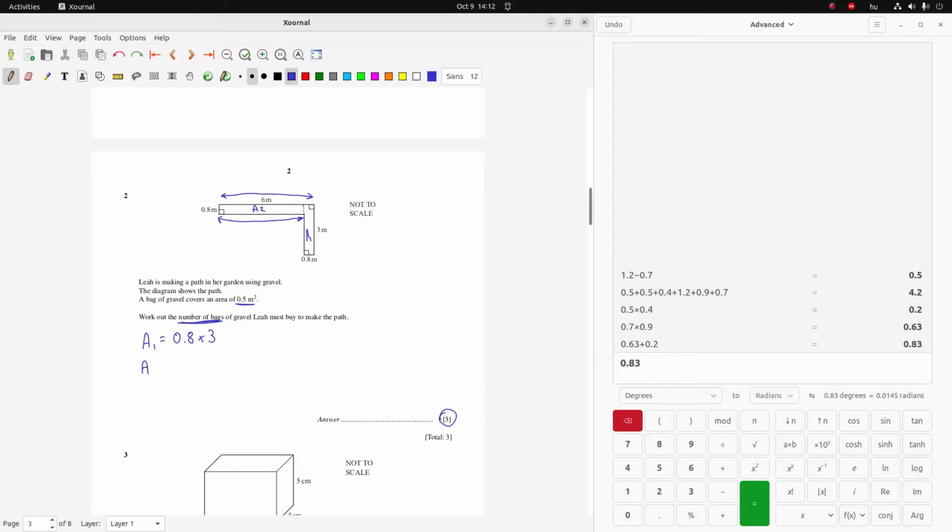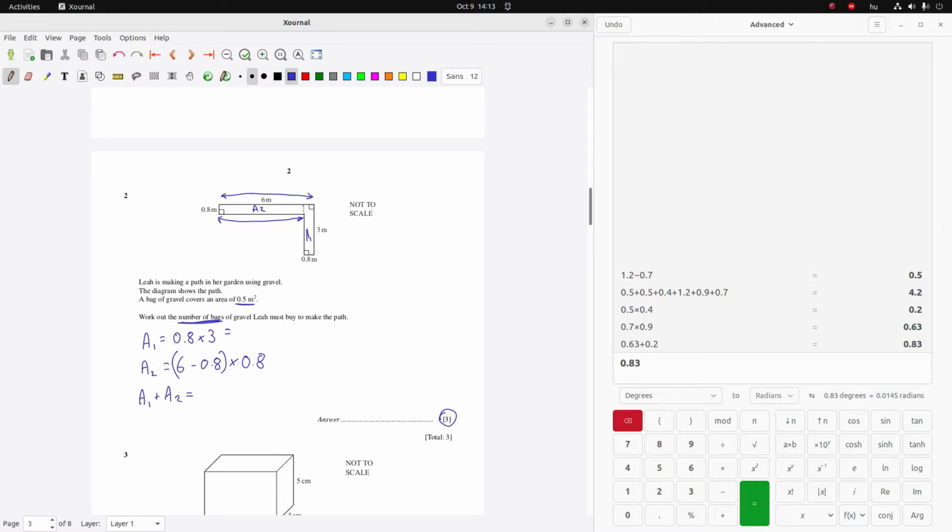A2 is equal to 6 minus 0.8 multiplied by this height, which means that A1 plus A2 is equal to, let's do it.